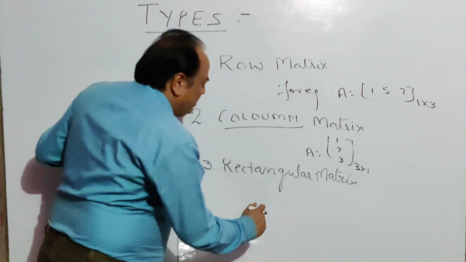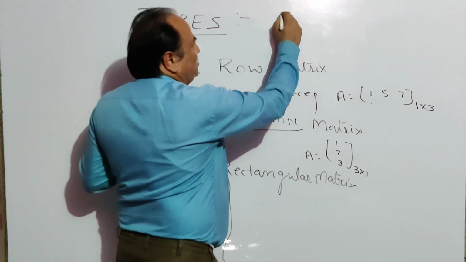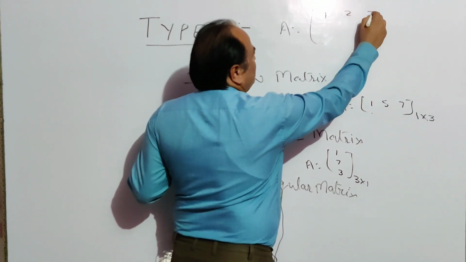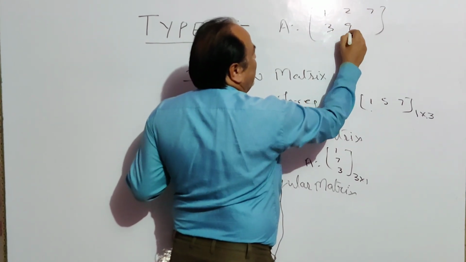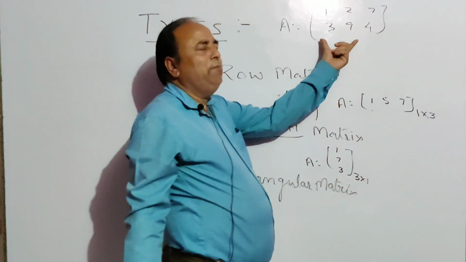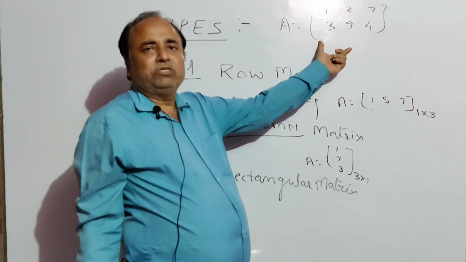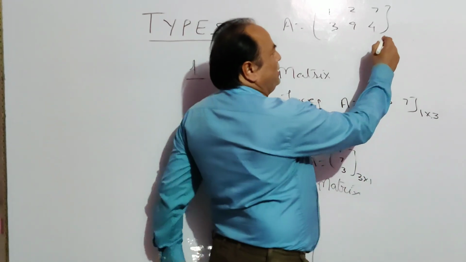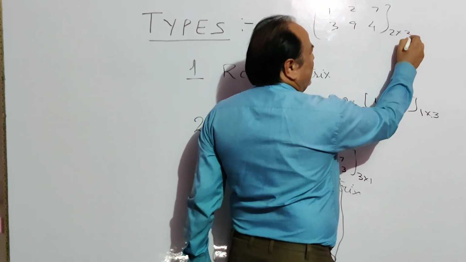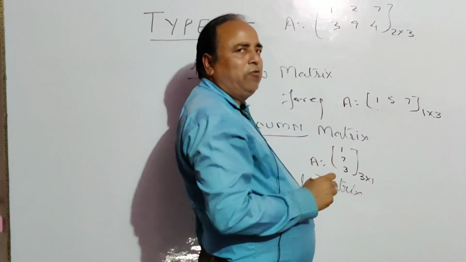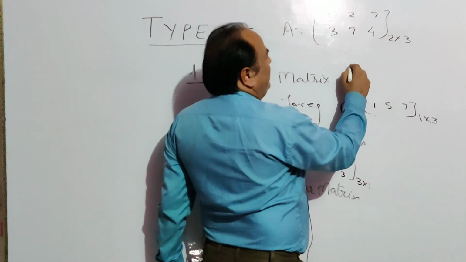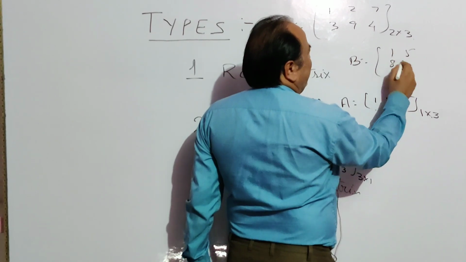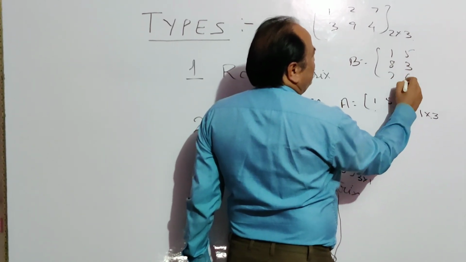For example, A is equal to 1, 2, 7, 3, 9, 4. It is an example of rectangular matrix because it has 2 rows and 3 columns, so its order is 2 into 3. Another example of rectangular matrix is B matrix is equal to 1, 5, 8, 3, 7, 6.